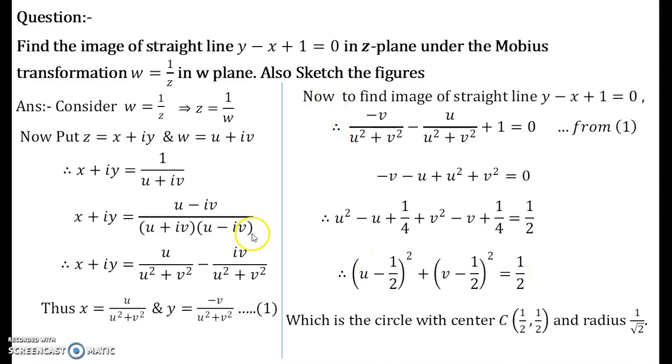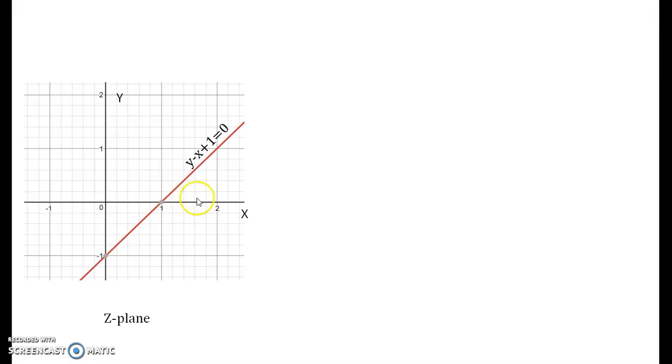Now to draw the figures, that is this straight line and this circle that we have obtained, let us see how to go about it. It is easy to draw the straight line in the z plane, just like in the xy plane. This red color line that you see is the straight line y minus x plus 1 equals 0.